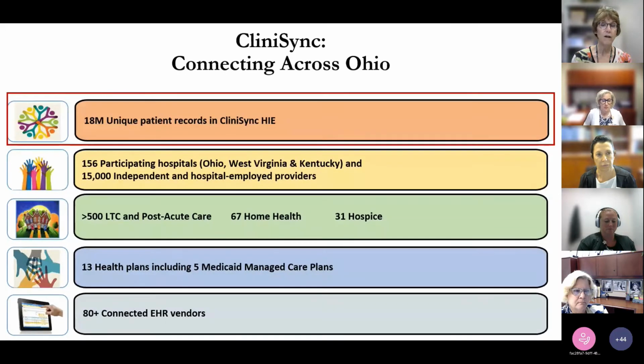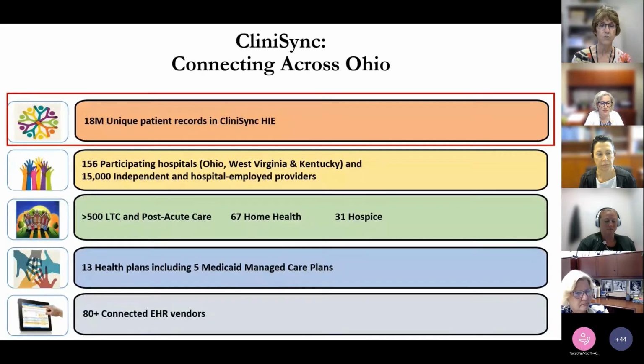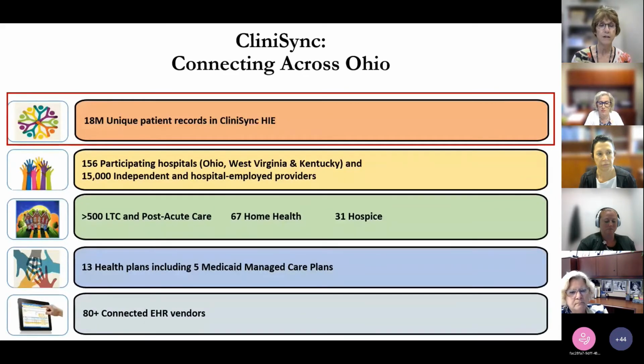And because of our widespread participation, it gives a very rich layer of data that gets returned to you, because we have 156 hospitals who participate. A huge amount of information comes from the hospitals. We'll look at that in a second. And probably 15,000 independent and hospital-employed providers, over 500 long-term care sites and post-acute care, including home health and hospice.